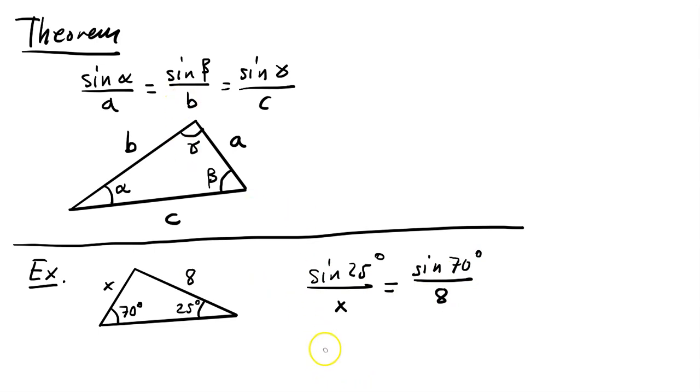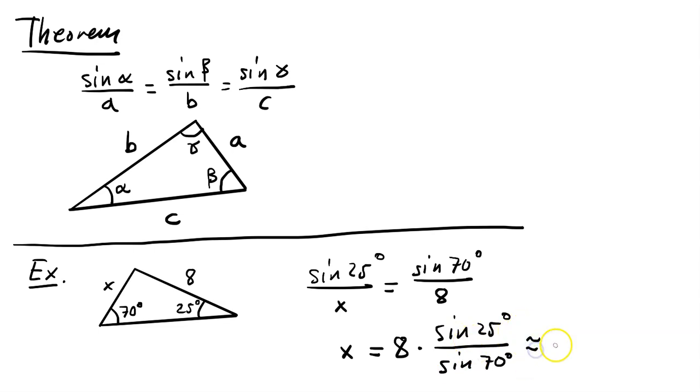So this follows from the theorem. And now we can just solve for x. We multiply up with x and divide the other things to the other side. Then simple algebra gives us this. And now we can just use a calculator. If we do that, we get 3.6. So the side x here must be 3.6.